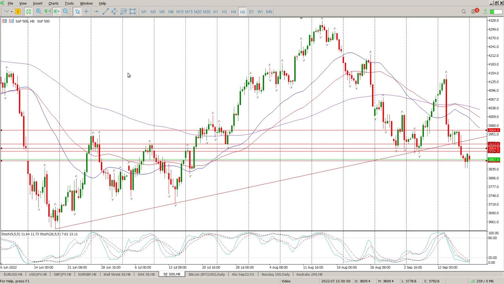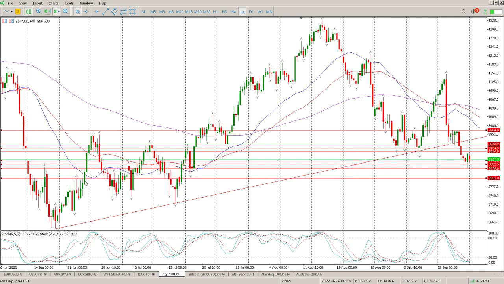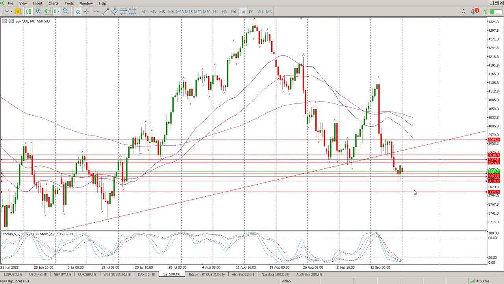Just if you look at it on the 8 hour, it's just going to get so messy. So the ride to the downside is short-lived. That has already been tagged. One more. There's your next one there. And that would be your next logical stop, which would be 3,800.